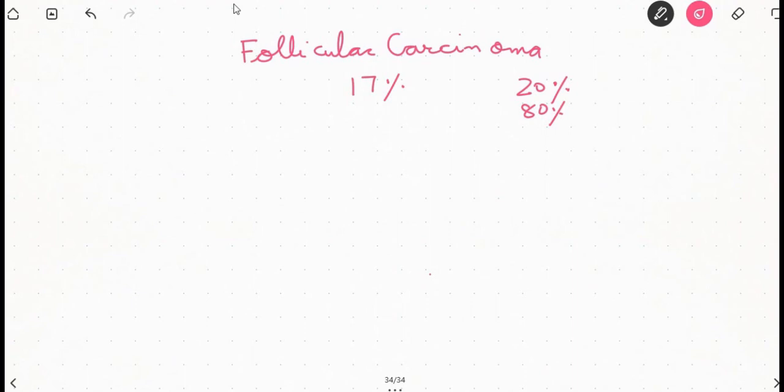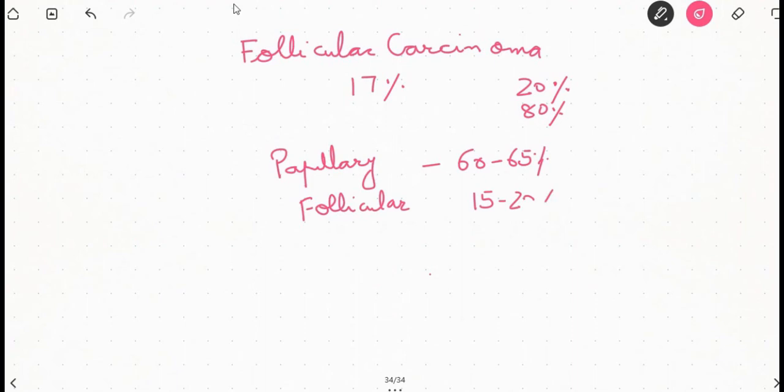So remember the papillary carcinoma has an incidence of 60 to 65%. Follicular is 15 to 20%. Anaplastic is 10 to 12%, whereas medullary is 5 to 10%.